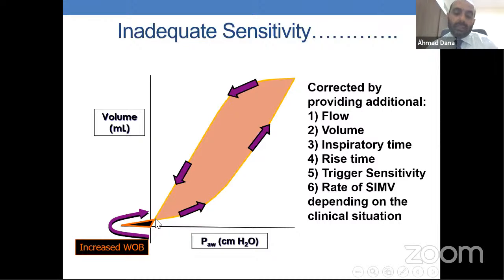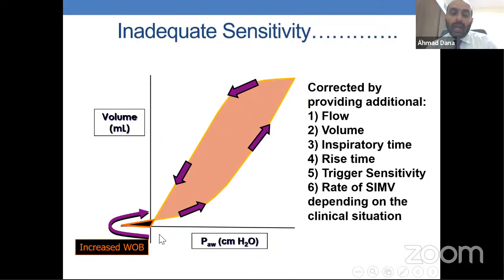It means what is the sensitivity that I need to generate the breath cycle. So how much do I need to sense the baby to generate a breath cycle. So is it high sensitivity or low sensitivity? Low sensitivity means that the baby has to create a lot of effort to initiate the ventilation. But high sensitivity means that it picks up the smallest effort of the baby to start the ventilation.